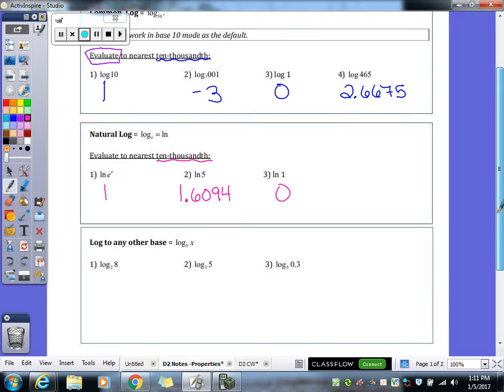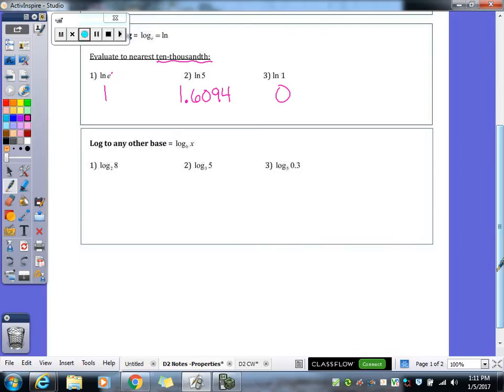Now the last one, as we said, the calculator's log button only does what base? 10. So if we look at our first example, we have log base 2 of 8. Now there's a couple ways of doing this. One way is you can ask yourself, 2 to what power gives me an 8? 3.